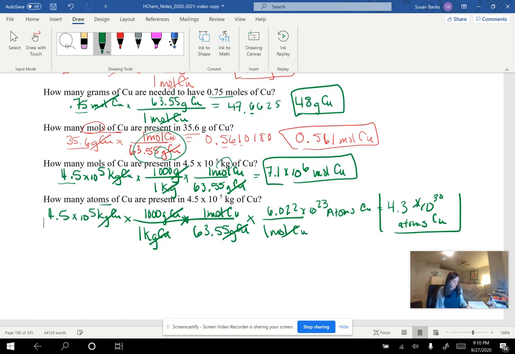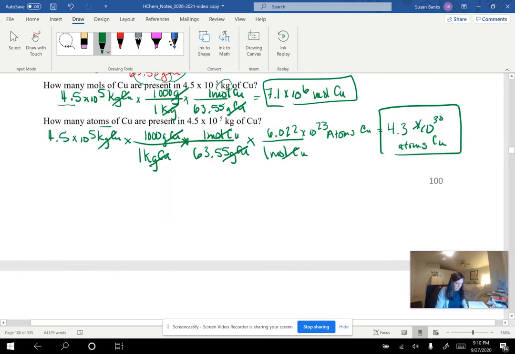Okay, so that's quite a lot. I can take thousands of kilograms of copper and still count how many atoms I have. Okay, just a little bit more.